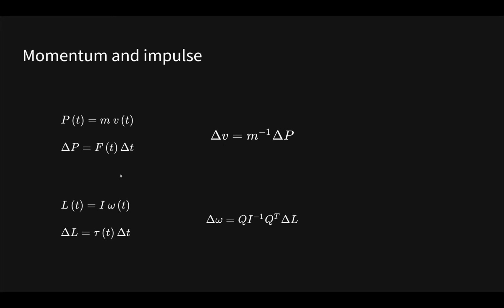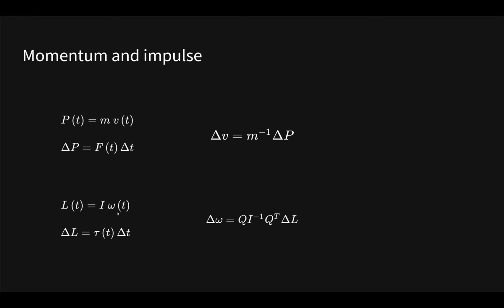And similarly, this would be angular momentum instead of linear momentum. Angular momentum is defined as the inertia tensor multiplied by omega, which is the angular velocity, a vector.